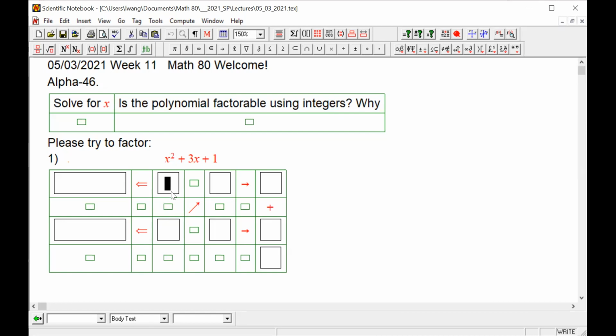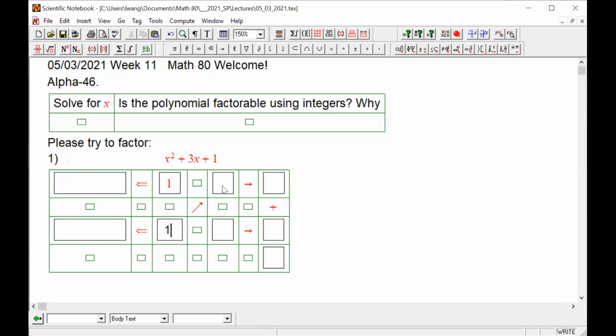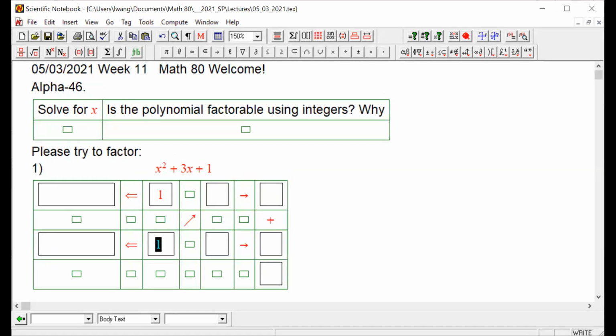Okay, so this is 1 times 1, which equals 1, and this one is 1 times 1.